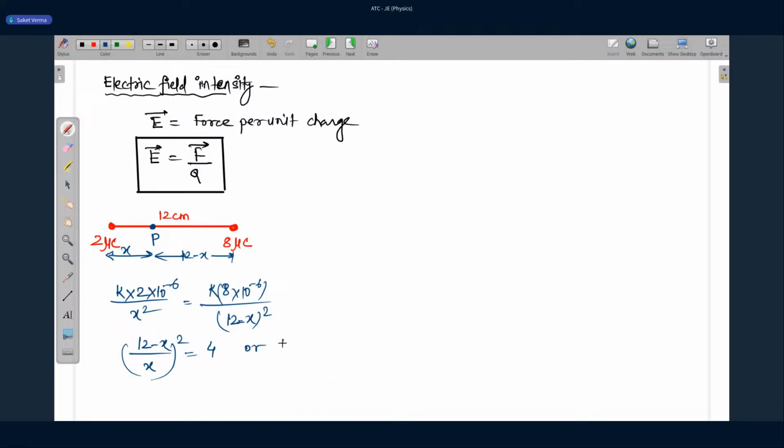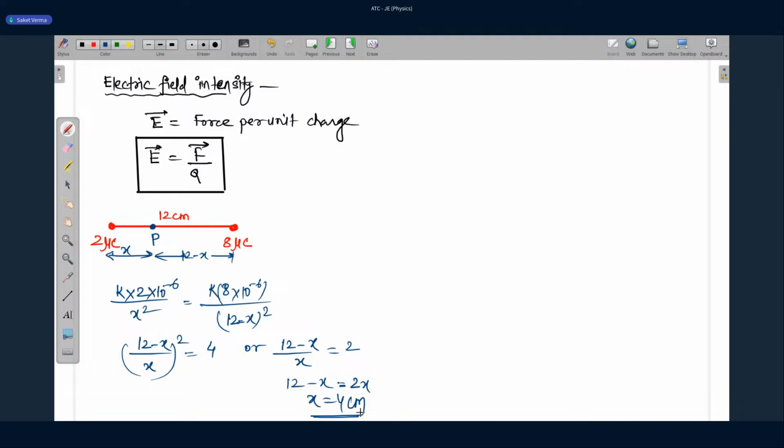Or we can also write (12 minus x) upon x equal to 2. So 12 minus x is equal to 2x, so x equals 4 centimeter. So this is the point where the electric field intensity is 0.